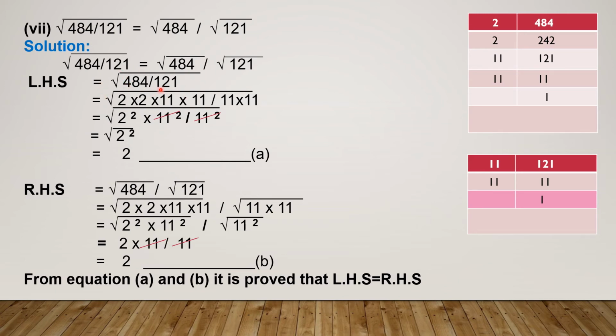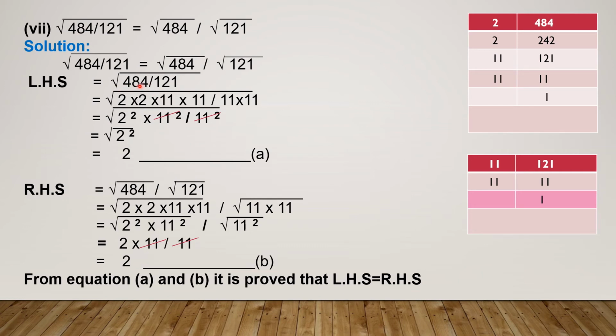We will not put here separate square root on 484 and on 121 as we already have done in question number 3. Here since we have to prove that this is equal to this, so we will not do the same thing that we have done in question number 3. Hope you got it.